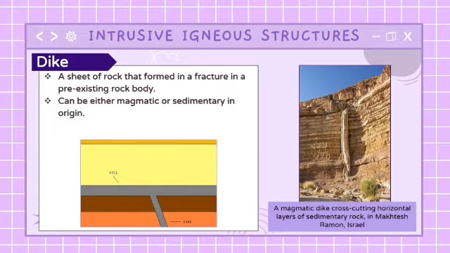So, if kaning sill kay pahigda, kanipong dike is paslant siya. Mamani sill, mo ni siya dike. Another example dali na sa picture, kaning a magmatic dike cross-cutting horizontal layers of sedimentary rocks in Maktesh Ramon, Israel. So, ni cut siya, patindog siya, pataas.